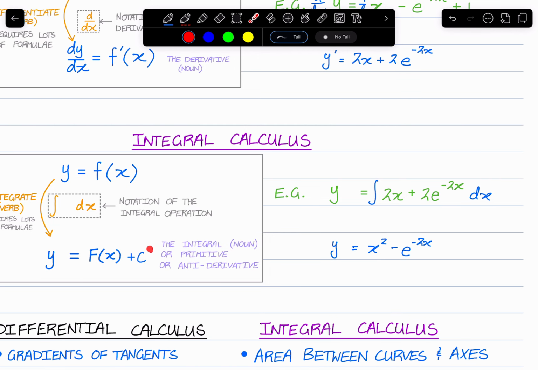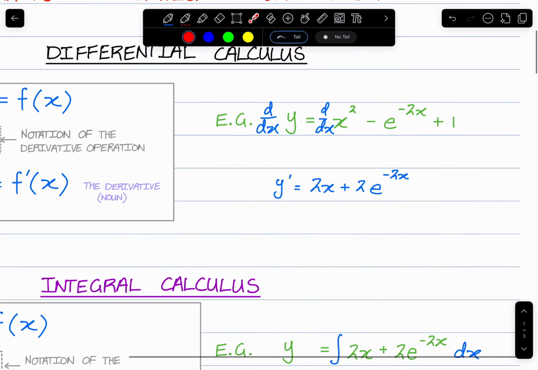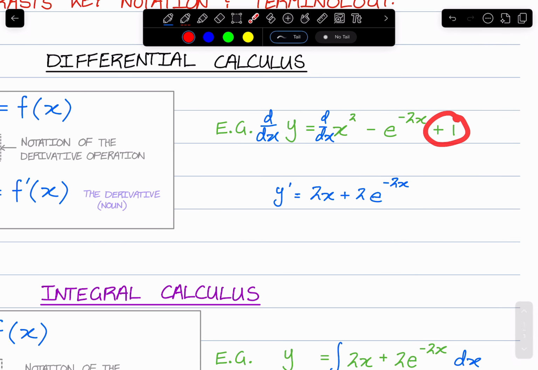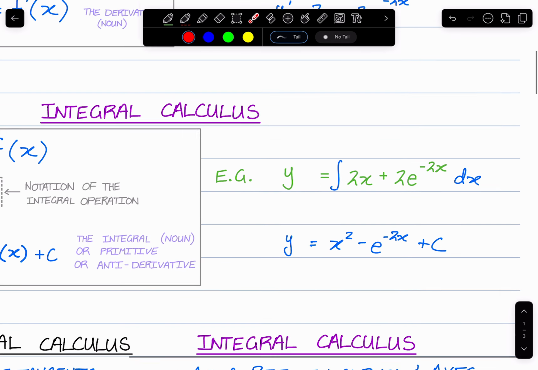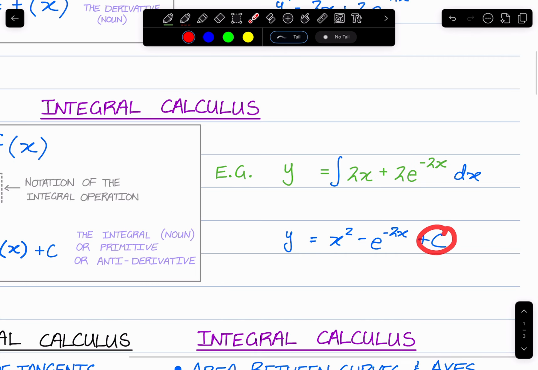But notice there is this plus c here. This represents some unknown constant, because even though in this example I differentiated plus 1, this could have been, for example, plus 1,000,000 for all we have known. This derivative could have come from where c was 1.